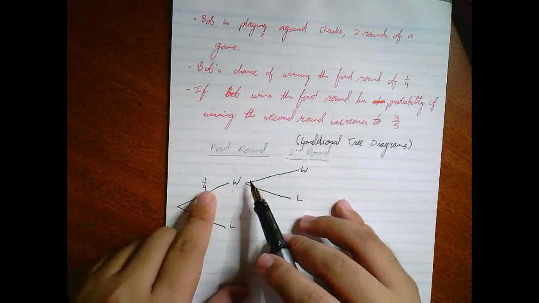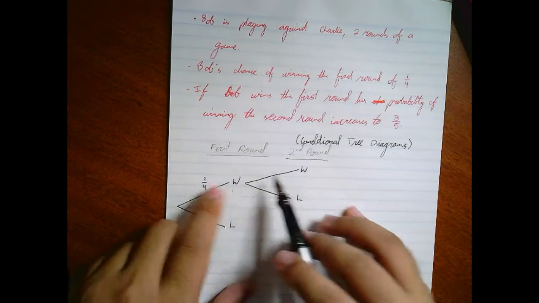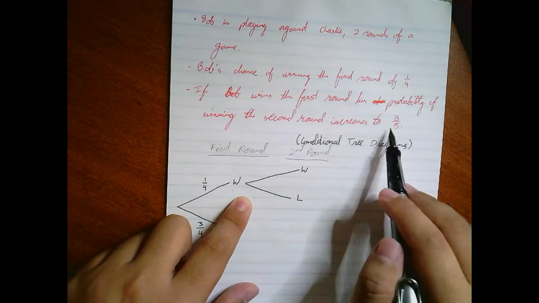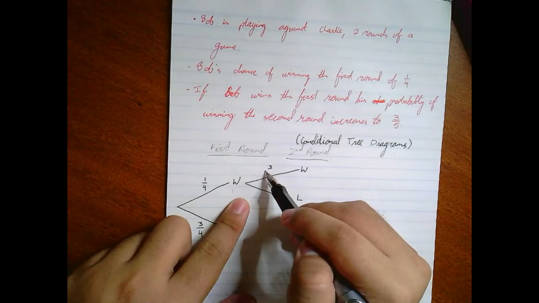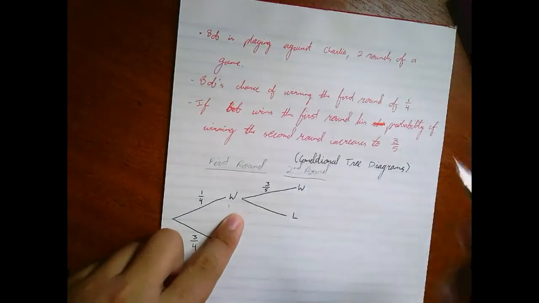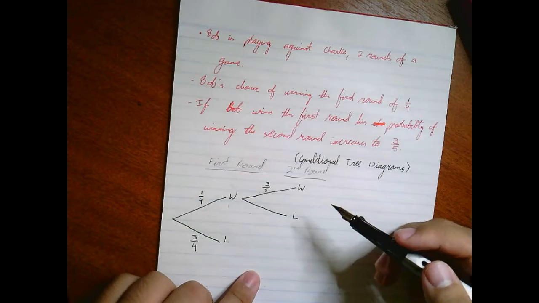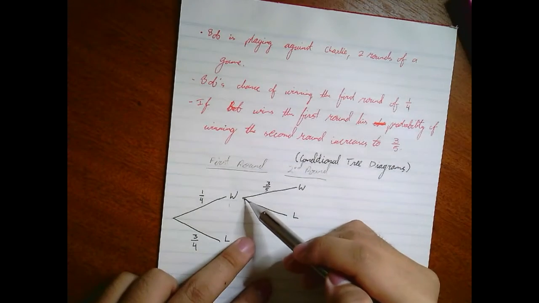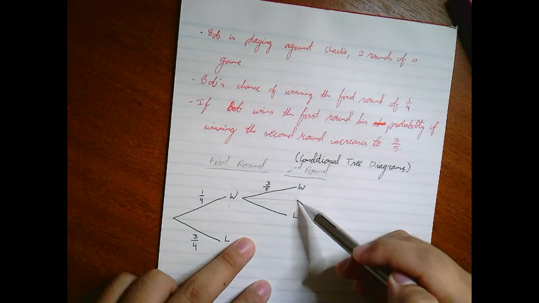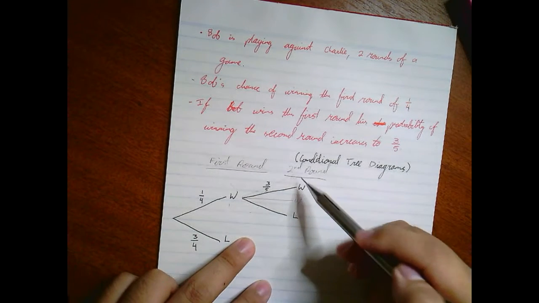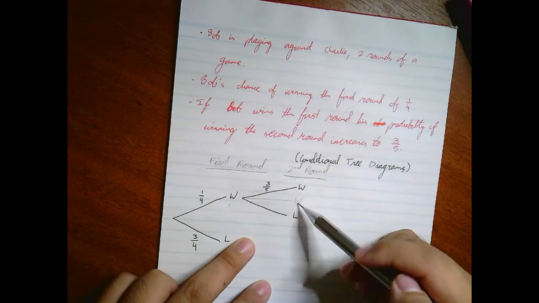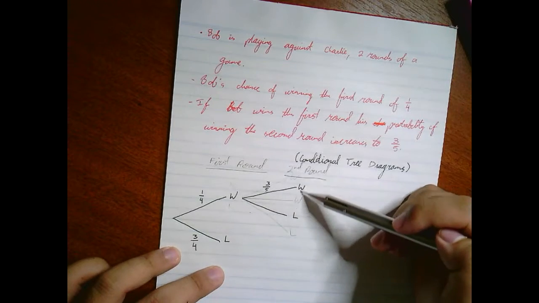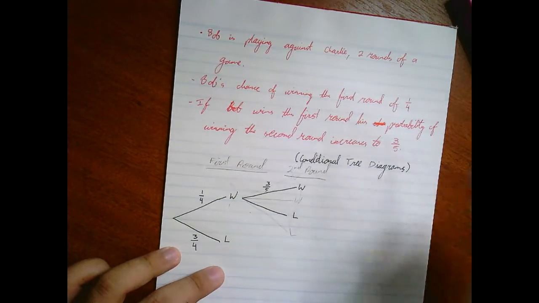But now, instead of it being the same as 1/4, his chance of winning has increased to 3/5. And again, if we were to do this conceptually, there would actually be more branches. This one here is a win, this one here is a win, which gives us 3 branches of winning and 2 branches of losing. So it's 3 wins to 2 losses.